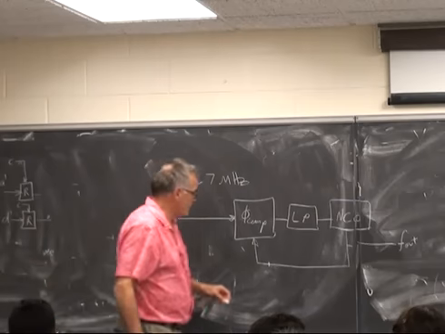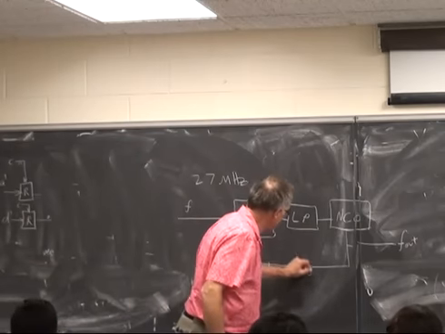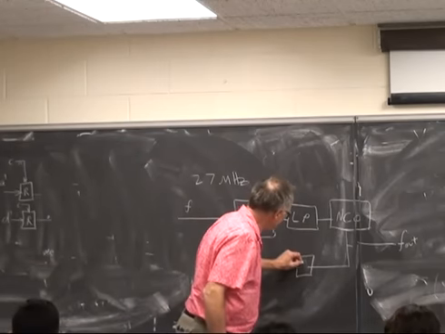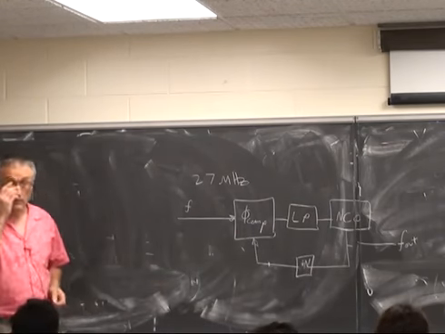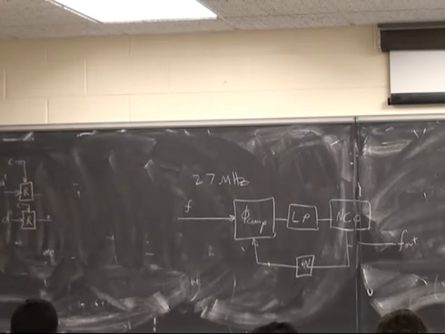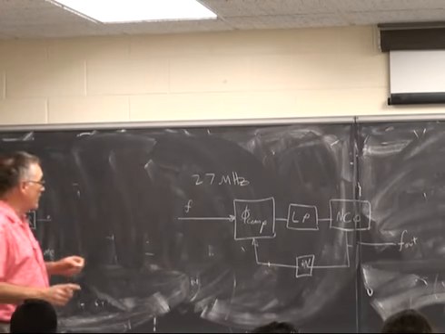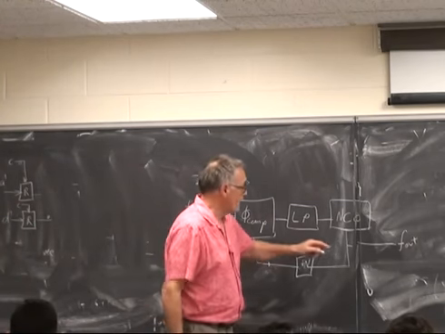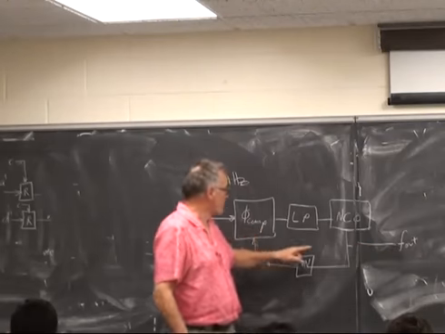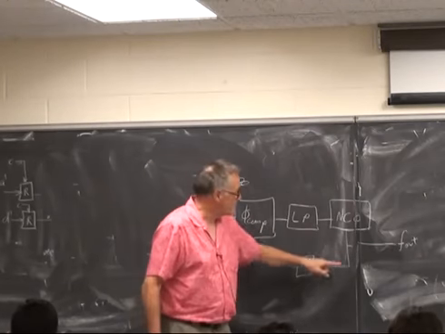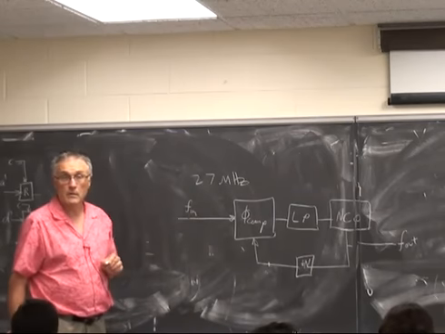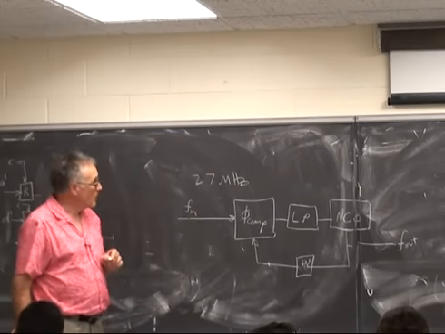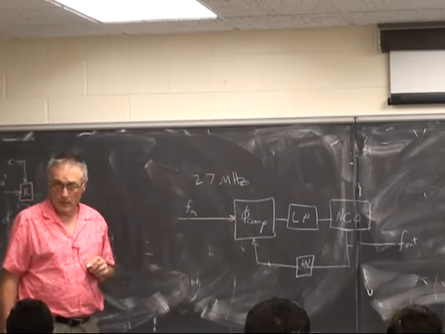However, what would happen if we put a digital divide by n there? Then for constant phase, F out must be n times F in. And so we have a frequency multiplier.